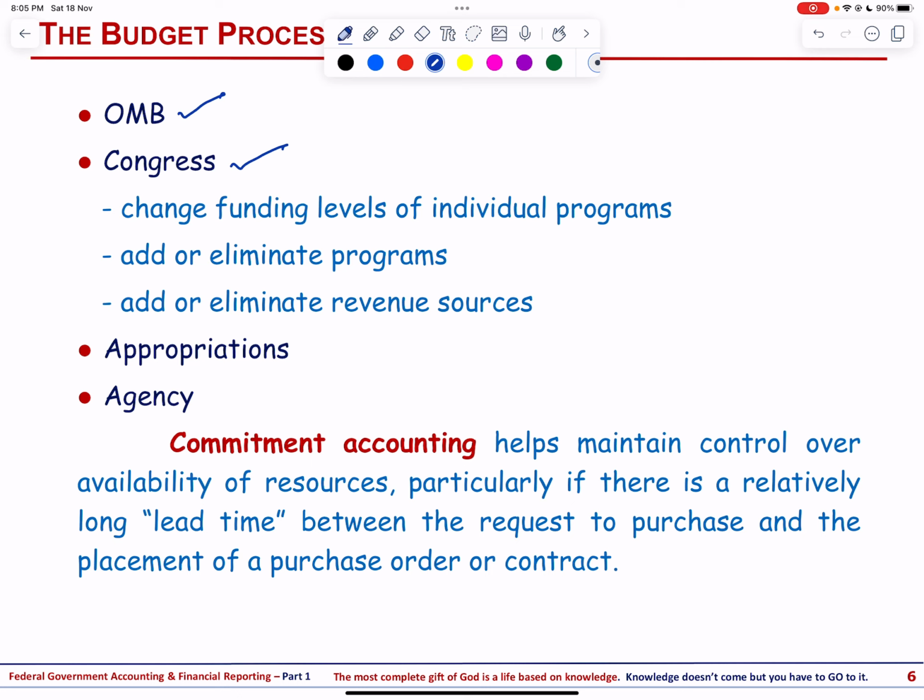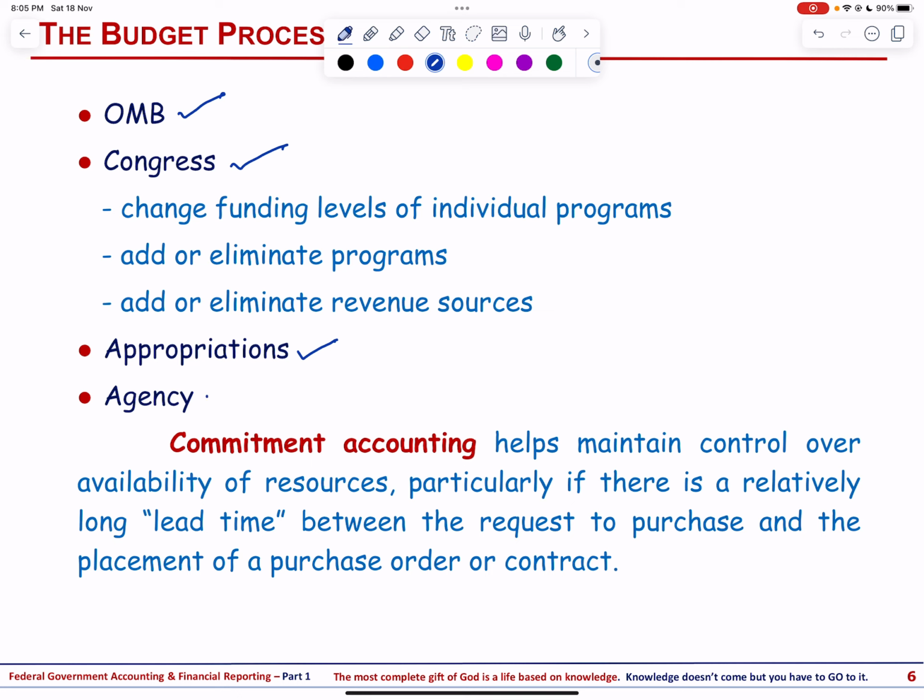Once a resolution is passed in this regard, the levels of the total receipts, total budgetary authority, and outlays are set. Next, the appropriations are initiated, and once approved, they are sent to the President for approval or veto. Once approved by the President, appropriations warrants are sent to the agencies by the Treasury.